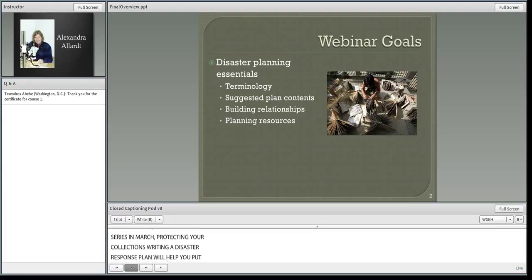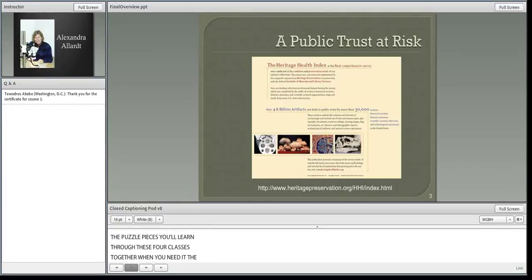So let me start with an overview to bring everyone up to speed on the history of the Initiative for Disaster Planning for Cultural Resources, at least here in the United States. A report published in 2005 by Heritage Preservation called A Public Trust at Risk, the Heritage Health Index Report on the State of America's Collections, was the first comprehensive survey to assess the condition and preservation needs of U.S. collections.